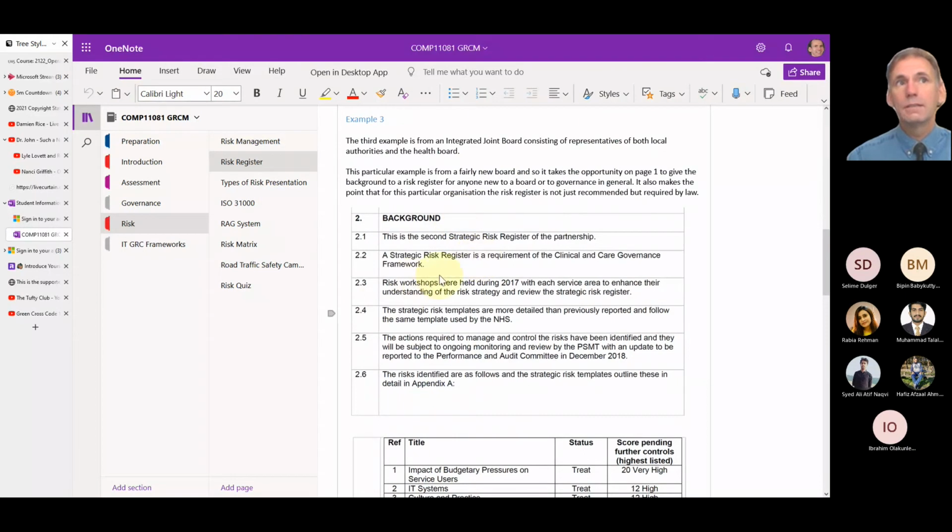And in this case, it's a legislative, a compliance issue as well. The risk register is a requirement of the clinical and care governance framework. So here we've got governance, risk and compliance all coming together. It's the governance framework, it's a risk register, and you would be in non-compliance with the legislation if you didn't do it.